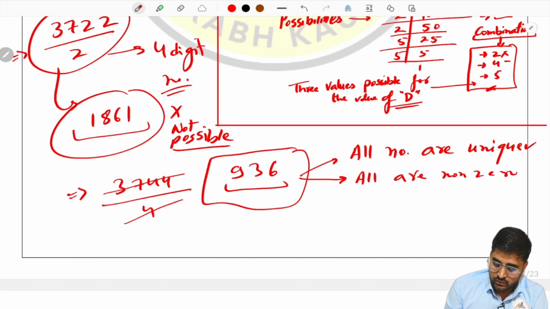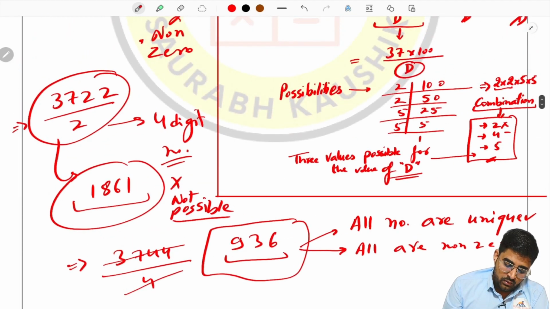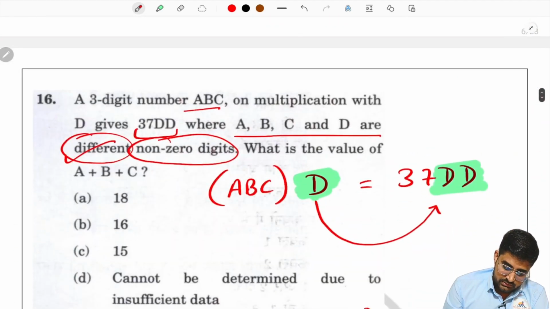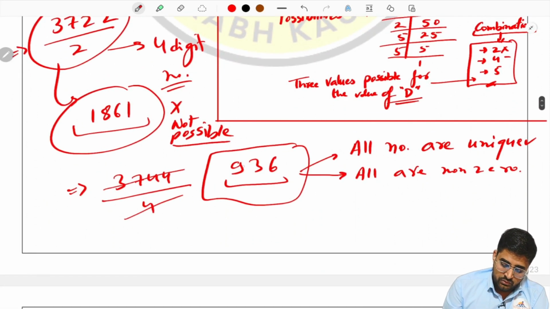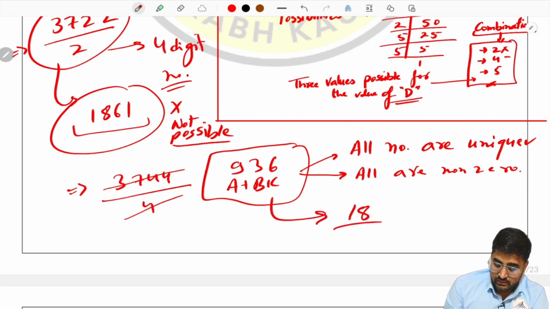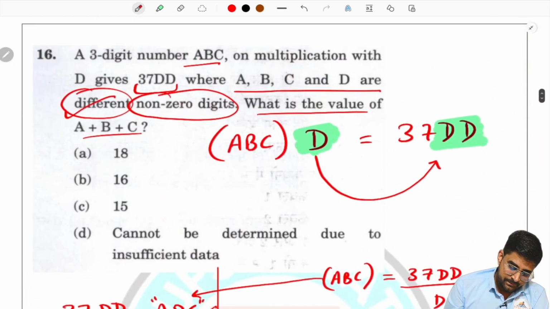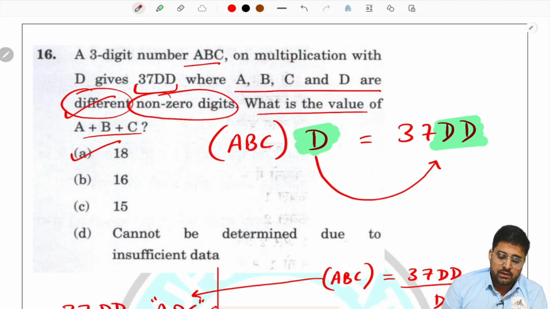Now, the question asks what is the value of ABC? So the value of ABC is 9 plus 3 plus 6, 18. 18 is your answer, and the first option A is the correct one.